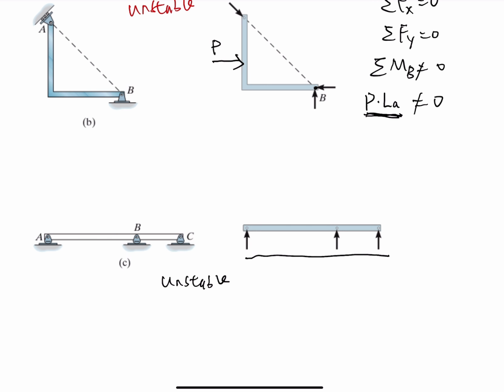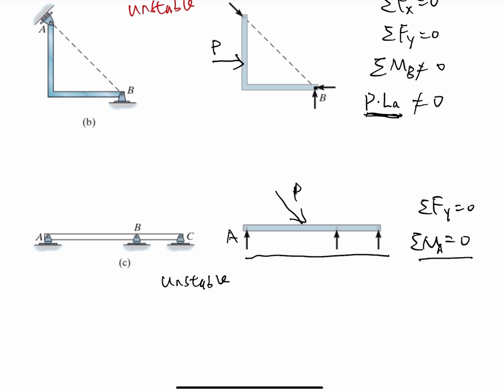If we apply external loading as shown here, we can probably satisfy the equation of equilibrium in the y direction. We can also satisfy the moment equation of equilibrium, for example at support A, by getting some force values.